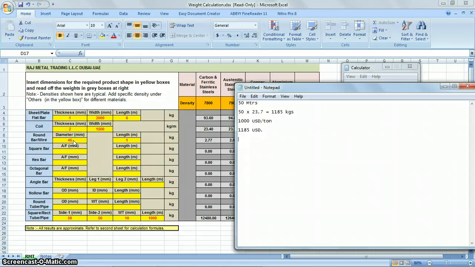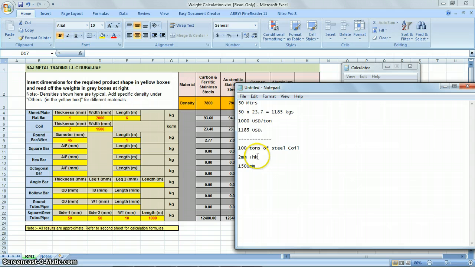Similarly, if you get an inquiry for coils in tonnage, for example somebody wants 100 tons of steel coil, and the thickness is 2 mm, and the width is 1500 mm.